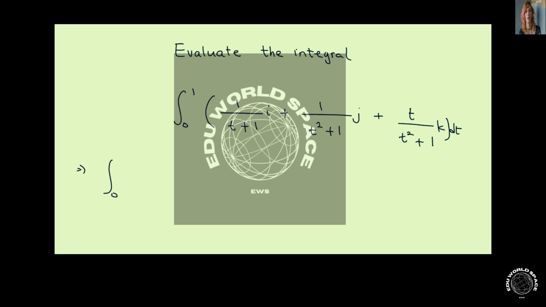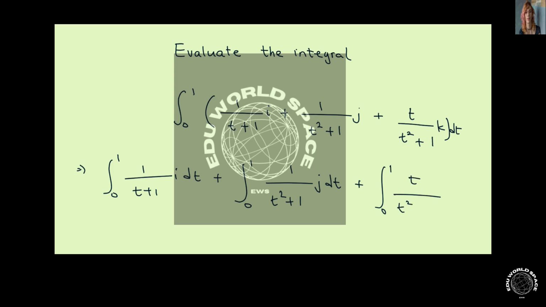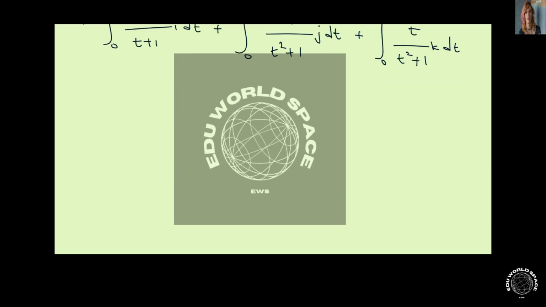We have the first, integral from 0 to 1 of 1 over t plus 1 i dt, then plus integral from 0 to 1 of 1 over t squared plus 1 j dt, and the last part, integral from 0 to 1 of t over t squared plus 1 k dt. So let's solve them one after the other.